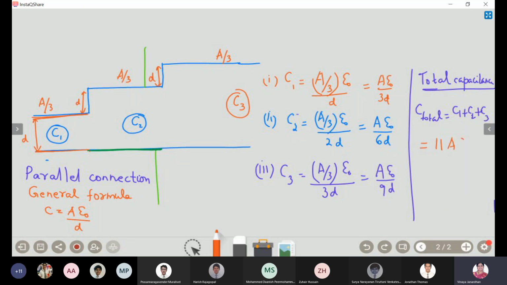A epsilon naught by 9D. Is that correct, boys? 18, okay. Right, boys, have you completed? I'll go for the next one.